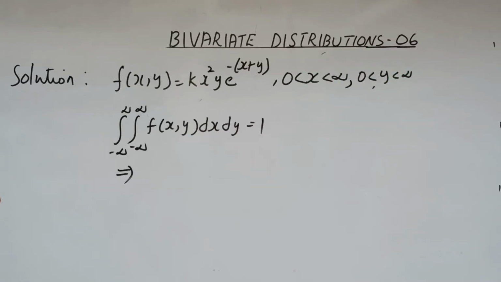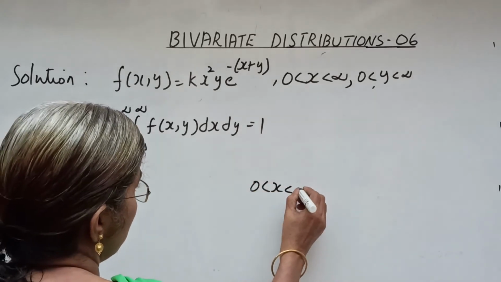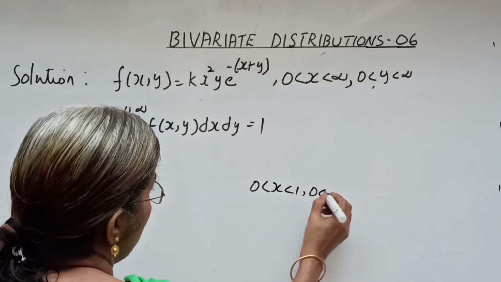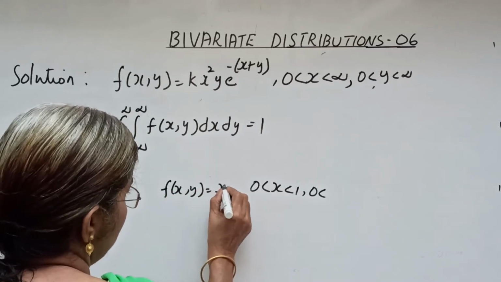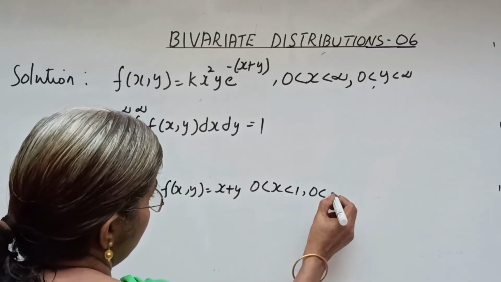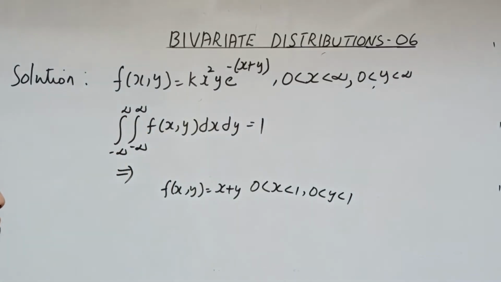Okay, when we write 0 less than x less than 1, 0 less than y less than 1, and suppose f(x,y) equal to x plus y, 0 less than x less than 1, 0 less than y less than 1, this f(x,y) is defined for x between 0 to 1 and y between 0 to 1. Okay.